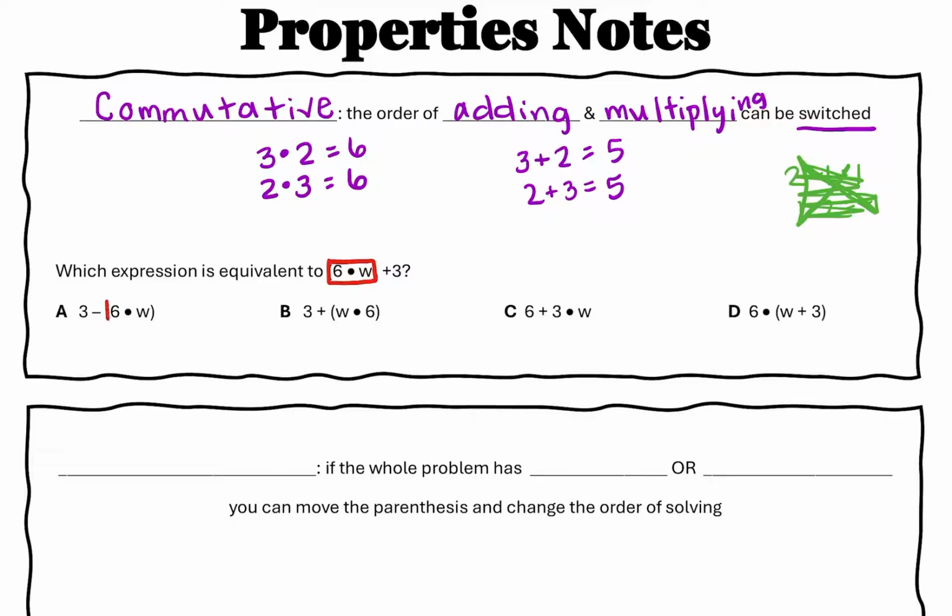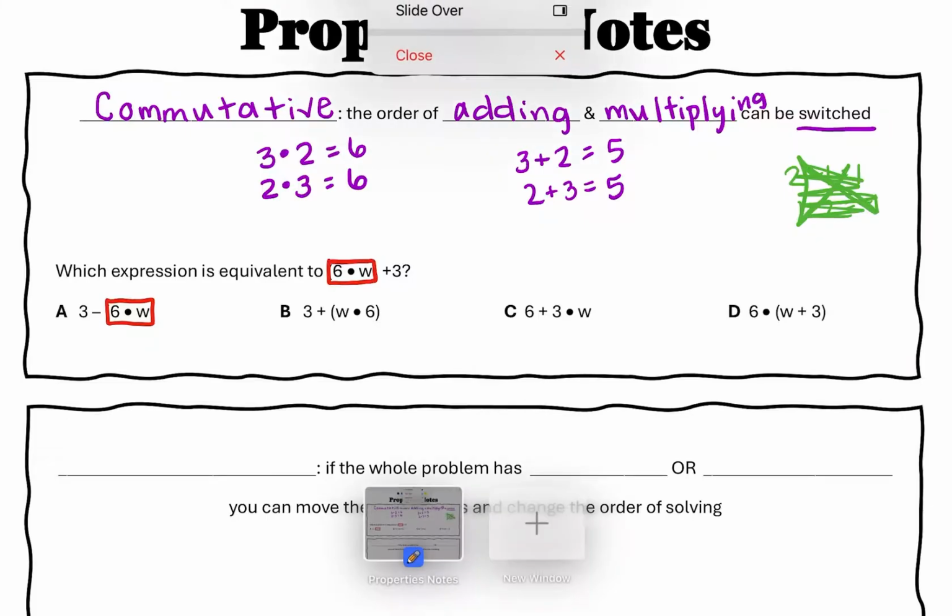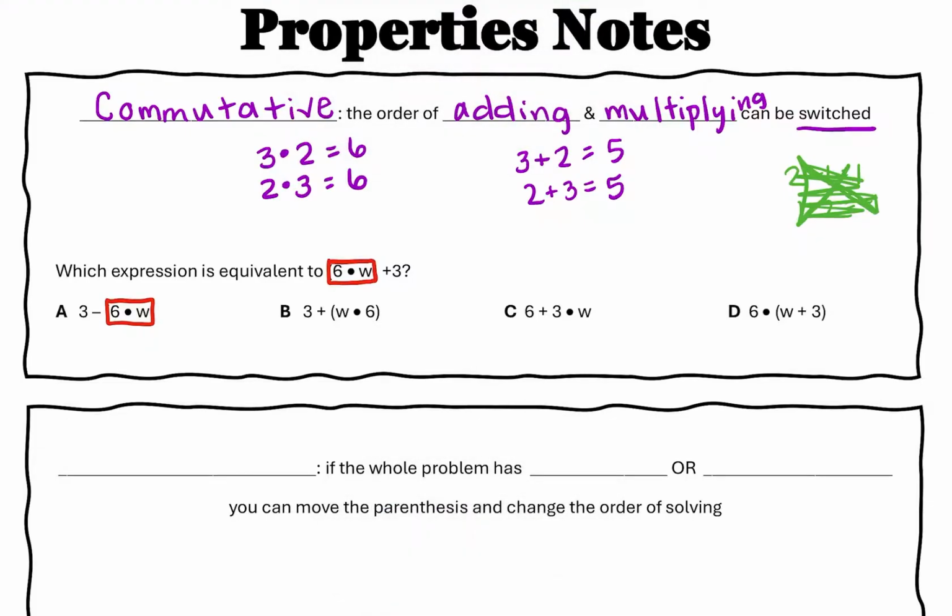In A, we have 6 times W, which matches exactly, so that's not what I wanted to do. So I'm going to go to B. We have W times 6. And we just discussed, can we switch multiplication? Yes, we can. So that is still okay.